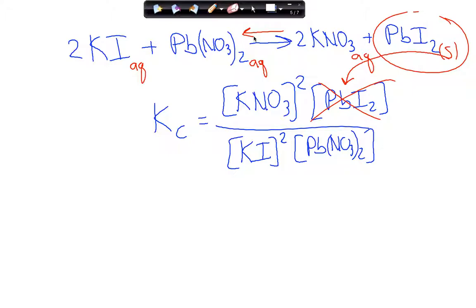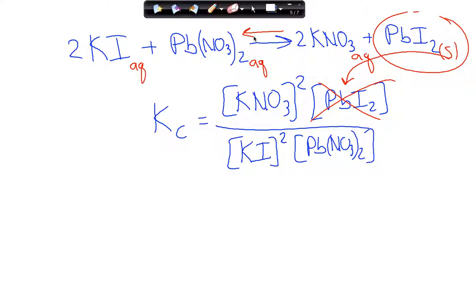Absolutely. So guys, please hear this carefully. Is the PbI2 important to the reaction? Oh yeah, if it's not there, this can't reach equilibrium. If it's an equilibrium process, it can't go the other way without this. So is this important? Yes. Does it have a concentration? No. And those are different. It is important to the reaction.